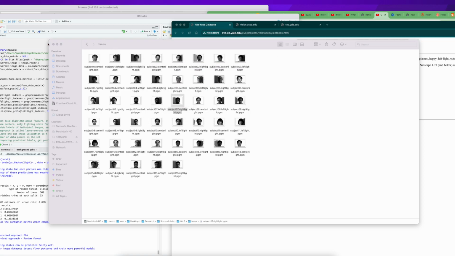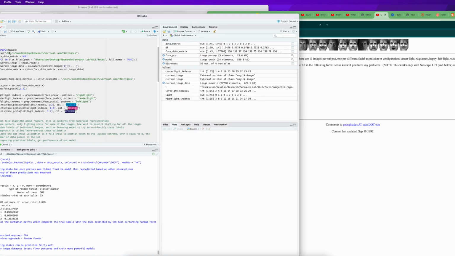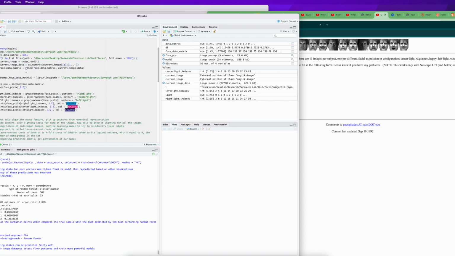Alright, so now that we have the images, it's time to read them into RStudio. Here's where I saved the images, and I'm going to set that as my working directory. Then I'm going to go through all the files in my library and pull them up.